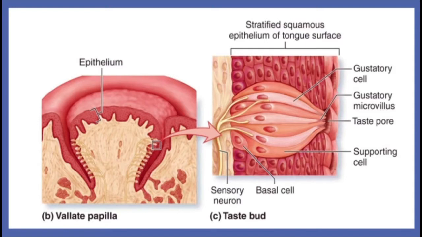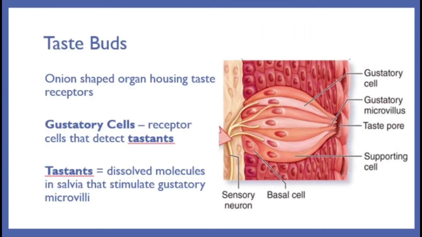Here's a closer view of one of the taste buds on the side of that papilla. When you first see a taste bud, its appearance is kind of like that of an onion. There's the side that has the sensory neuron coming into the back of the taste bud. Here it will attach to the different gustatory cells, shown here in light pink, which are sandwiched in between all of these supporting cells, done in orange.